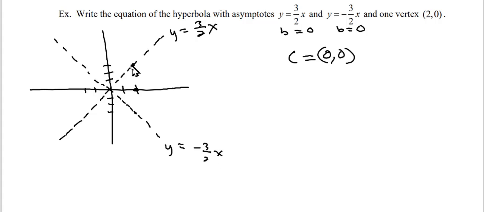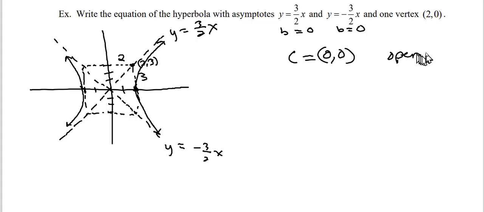Because that point 2, 3 is on this line, that's what makes up my rectangle, where this distance is 2 and this distance is 3. If my vertex is here, my hyperbola opens to the side.